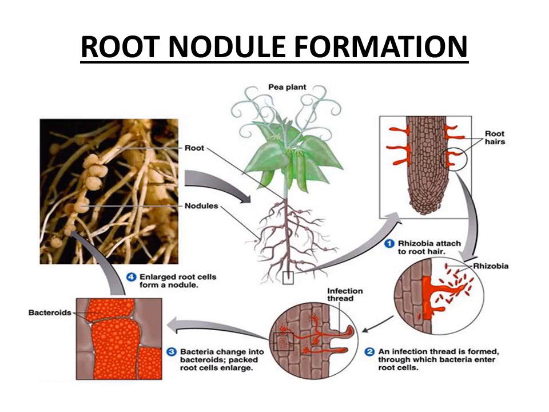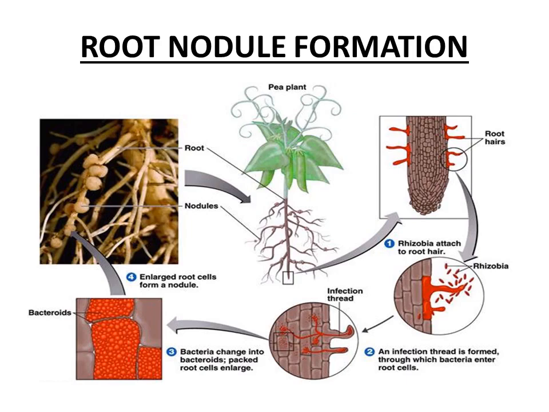Once again I will repeat the different steps involved: first, recognition; second, attachment of rhizobium onto the root hair; infection, that is the formation of the infection thread through which the bacteria can enter into the root cell.